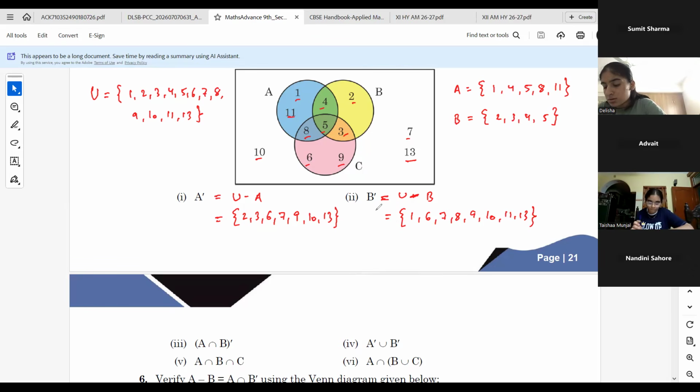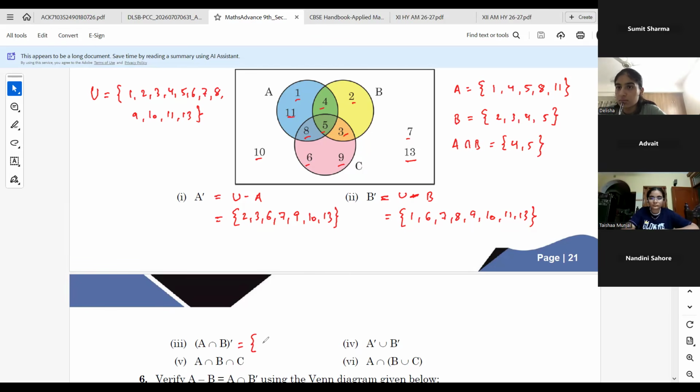Then we have (A intersection B) whole complement. For that we want A intersection B first. In A intersection B, you can see 4 is common and 5 is common. So 4 and 5 are there in A intersection B. And its complement will be all the elements of U except 4 and 5.